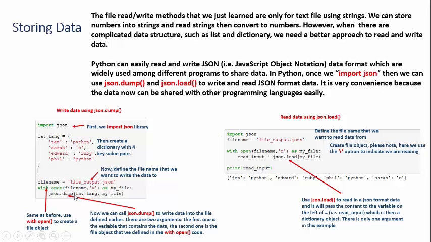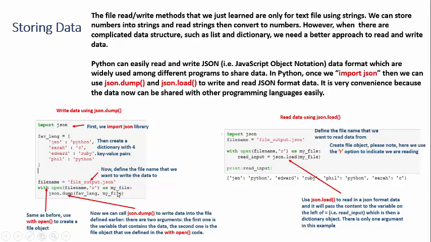The JSON.dump method actually has two arguments. The first one is basically the data you want to write to a JSON format. And the second argument is basically the file object, which actually is created.